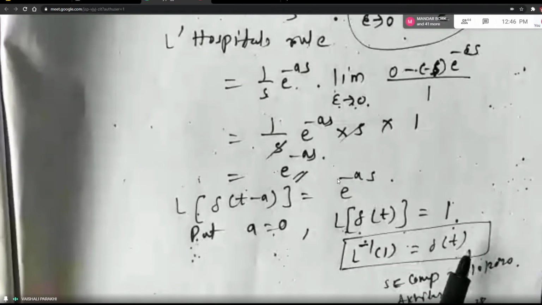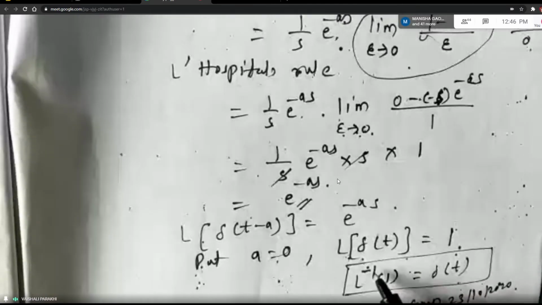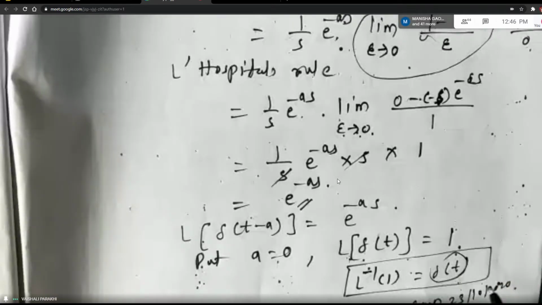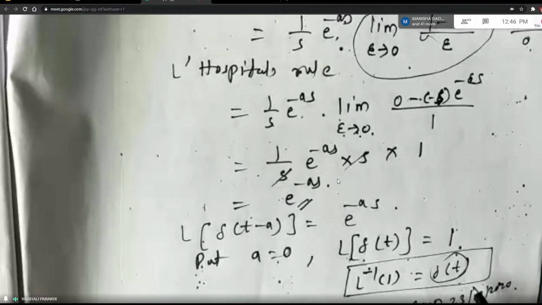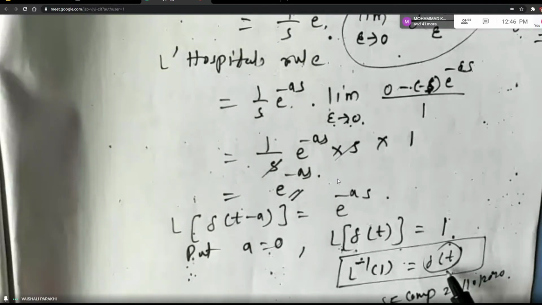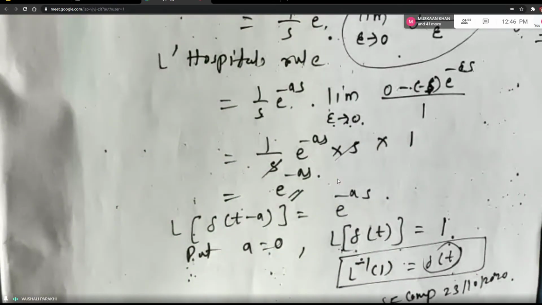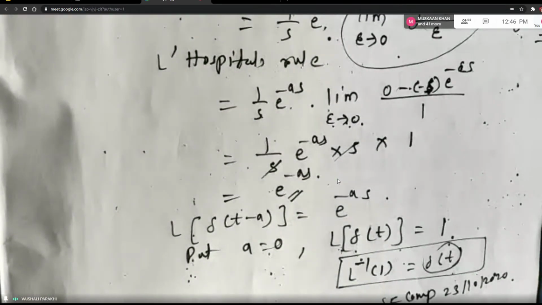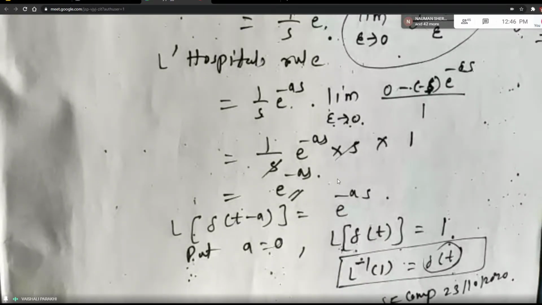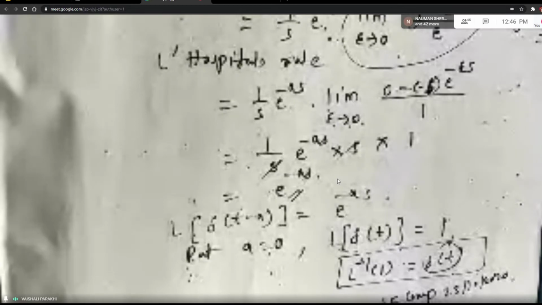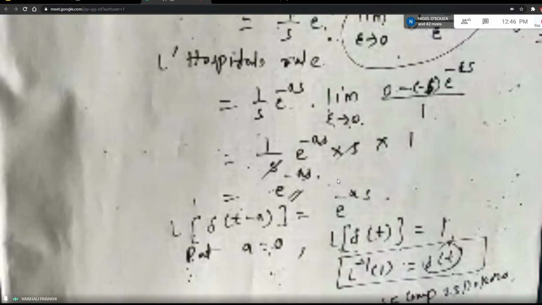So this is a very important property, students. L inverse of 1 will be delta t. Sometimes you may come across it, because see, there is no formula for L inverse of 1, right? You have L inverse of 1 by s. You have L inverse of k by s. You have L inverse of 1 upon s minus a, 1 upon s plus a, but you have never heard about L inverse of 1.